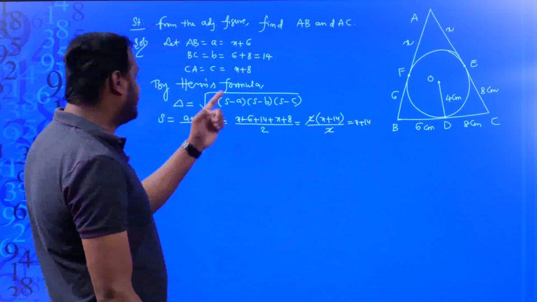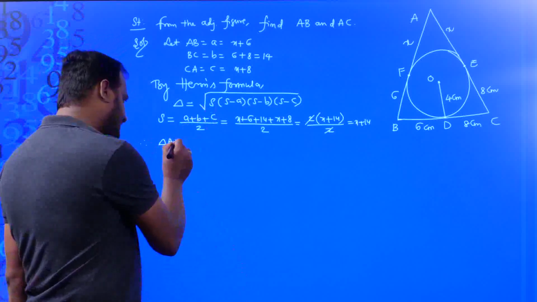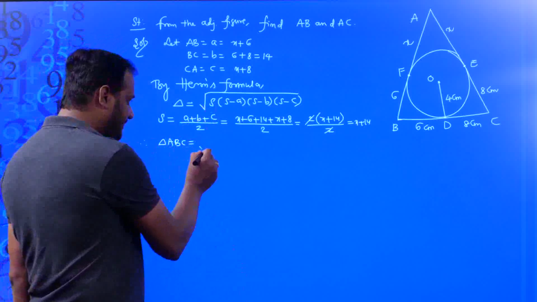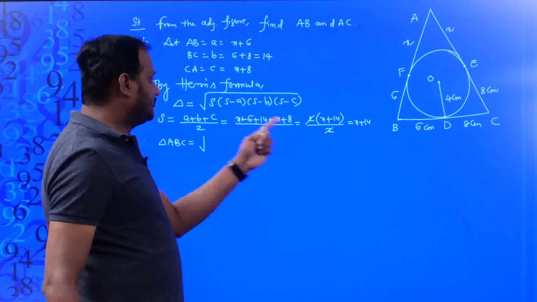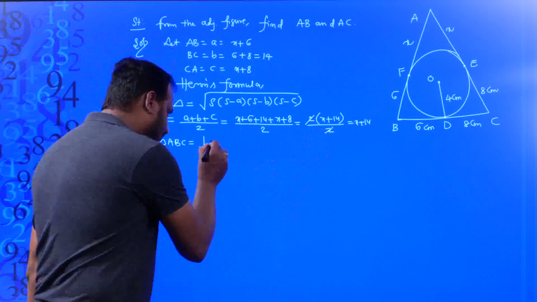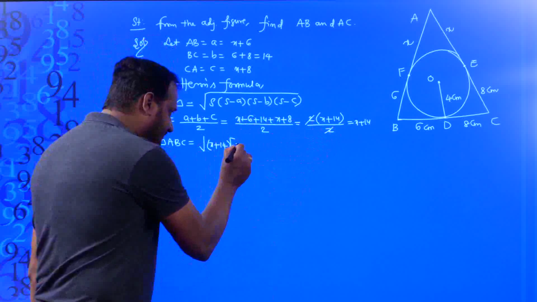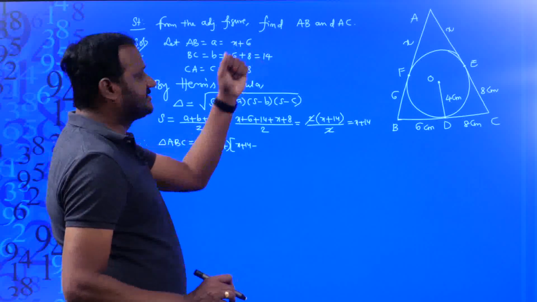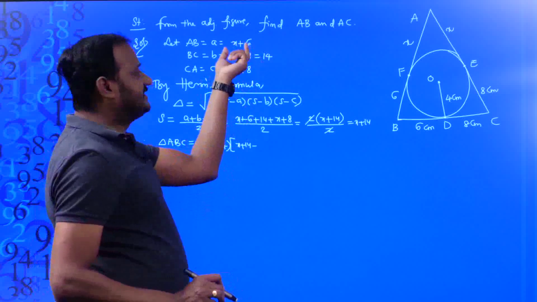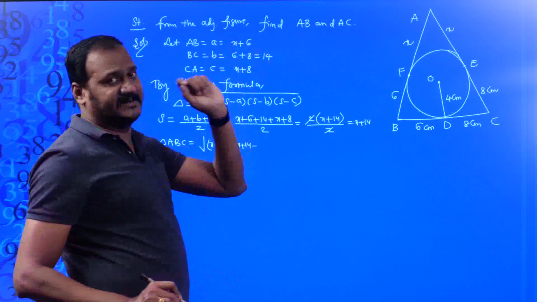And then what is the area of the triangle? Therefore, area of triangle ABC is going to be square root. Substitute in this formula. s means x plus 14. So x plus 14 times s minus a, which means x plus 14 minus what? X plus 6. But you have minus before x plus 6, so you will have to multiply x and 6 with minus.